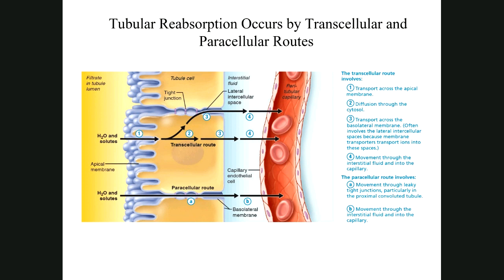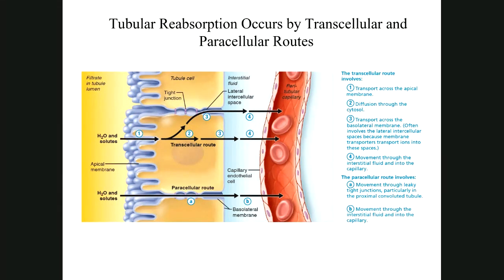You will limit this movement, and which type of junctions too. Those tight junctions are very leaky in the proximal nephron.